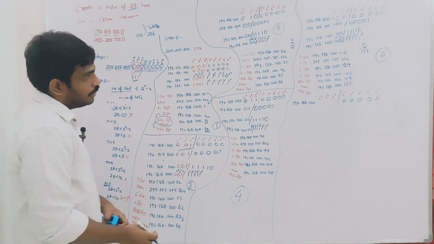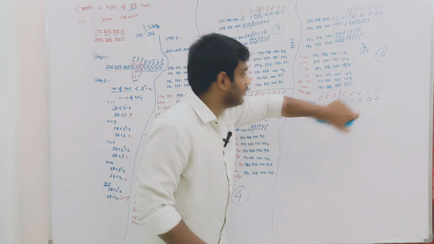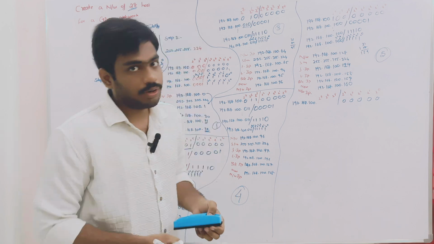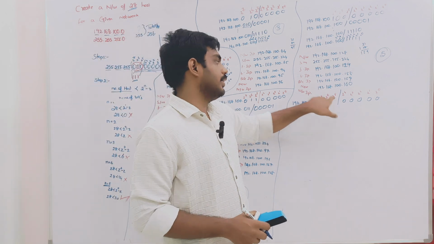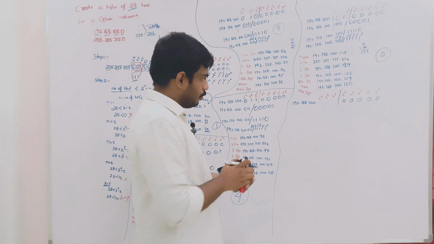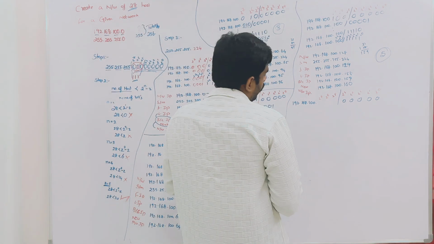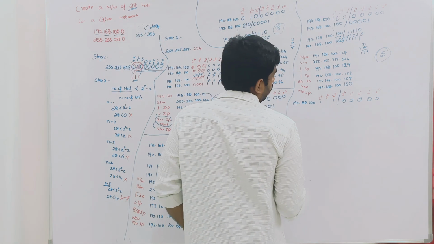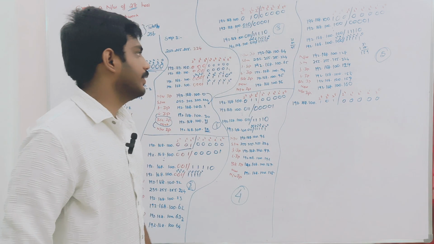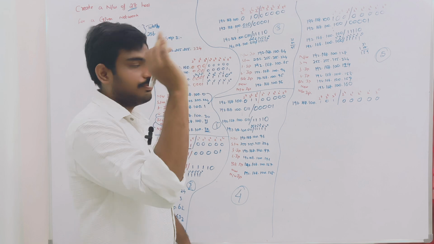Now what will be our 160? 160 is our network IP. Network IP always comes only from the network portion. How are you going to get it? You simply add 128 plus 2 power 5, which is 32, and that is 160. Okay. Now what will be our first IP?